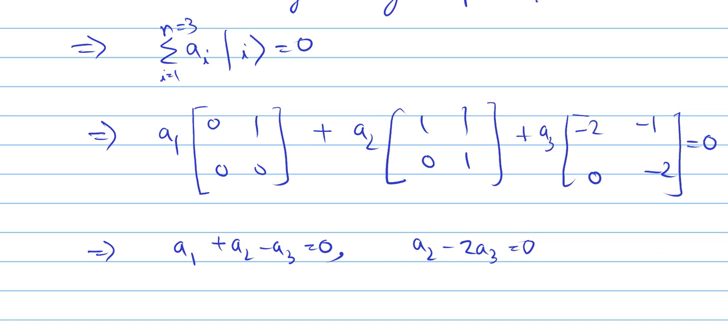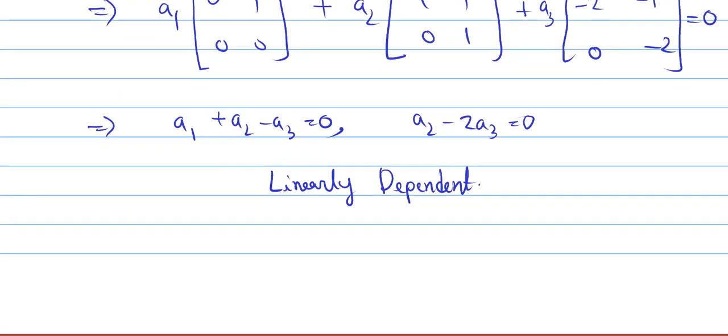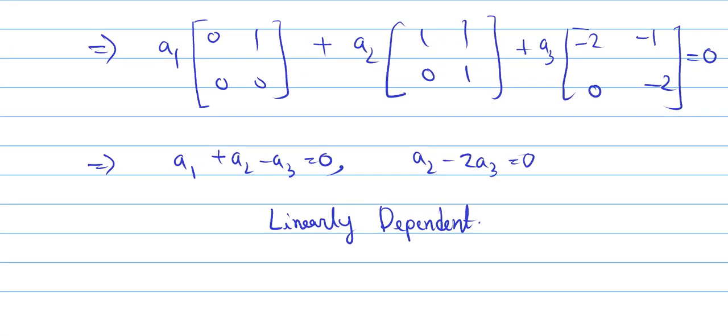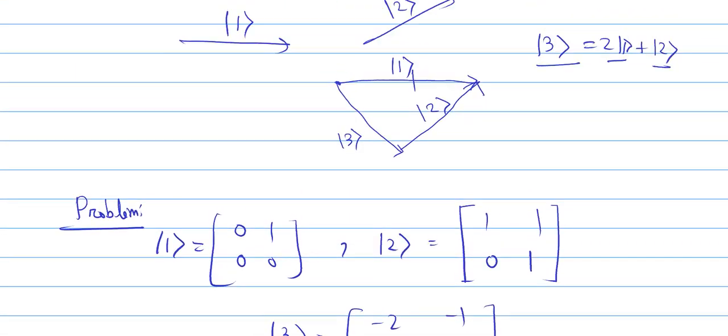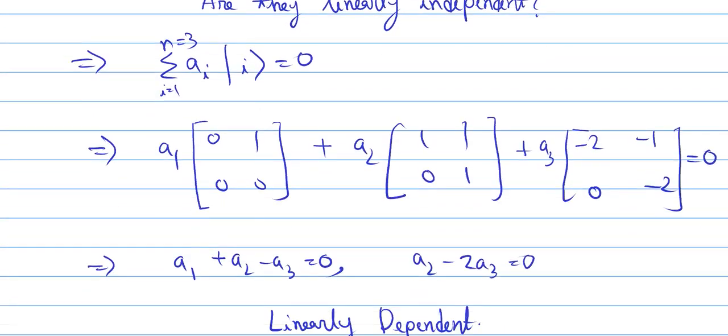So it is not necessary for all of them to be zero. So from here we can come to this conclusion that these three matrices are linearly dependent. This is linear dependency.